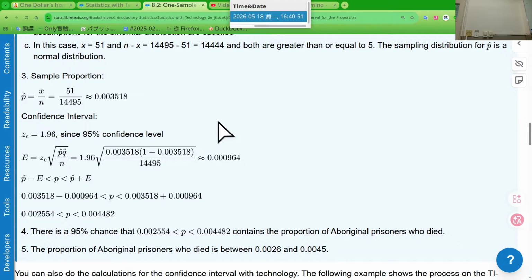Mean is 0 and standard deviation 1. Can you say that again? Mean is 0, then standard deviation is 1. Not my answer. Why 1.96?